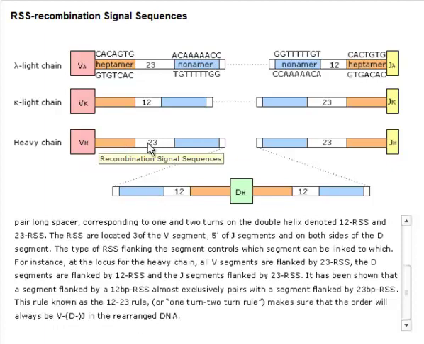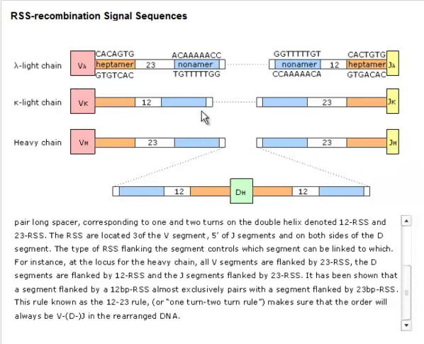So you can see the variable region is flanked by a 23 in this case, and the D region is flanked by the 12 spacer in the case of the heavy chain. So you've got to have the variable region followed by a diversity region, and then the diversity region can be followed by the joining region.